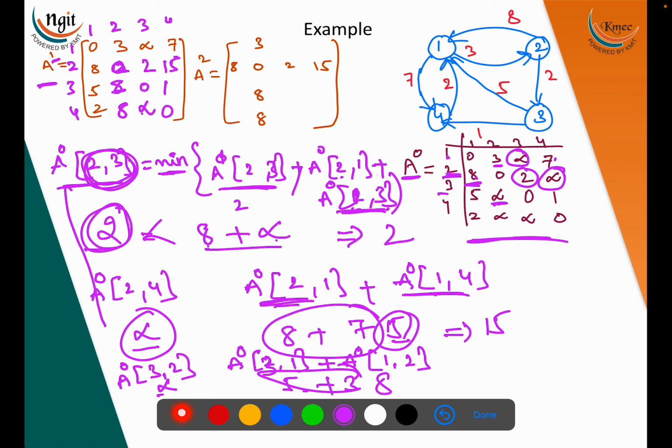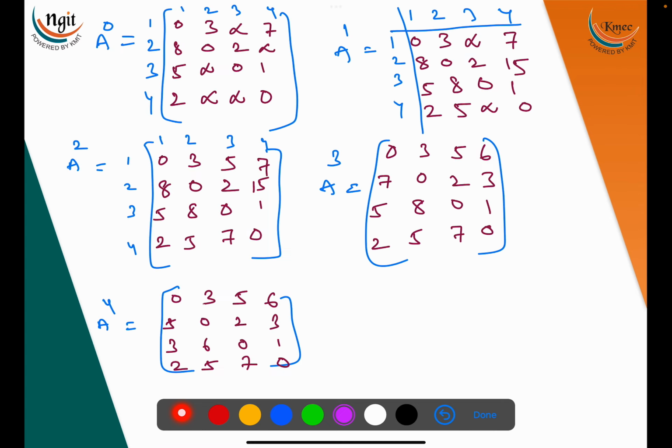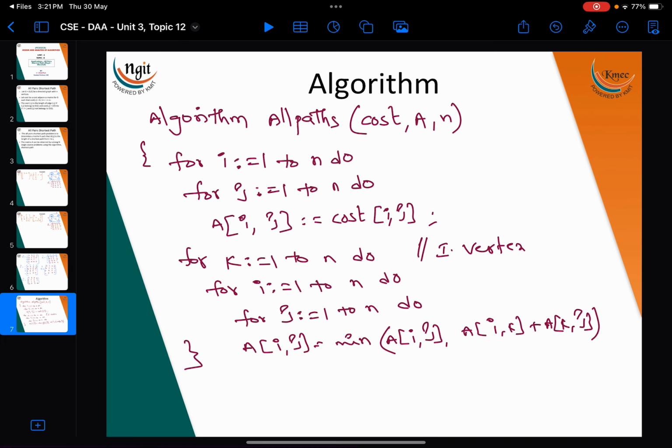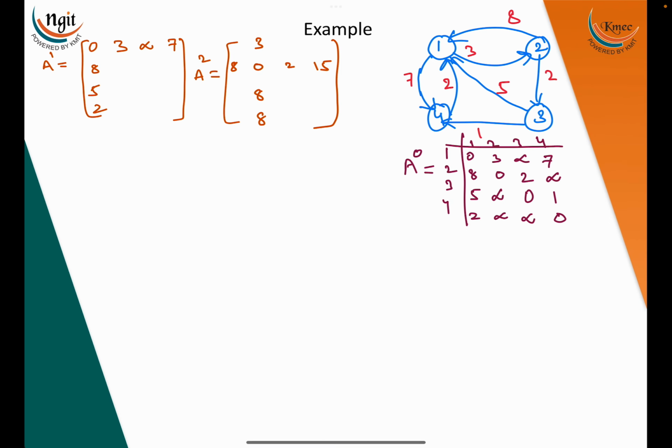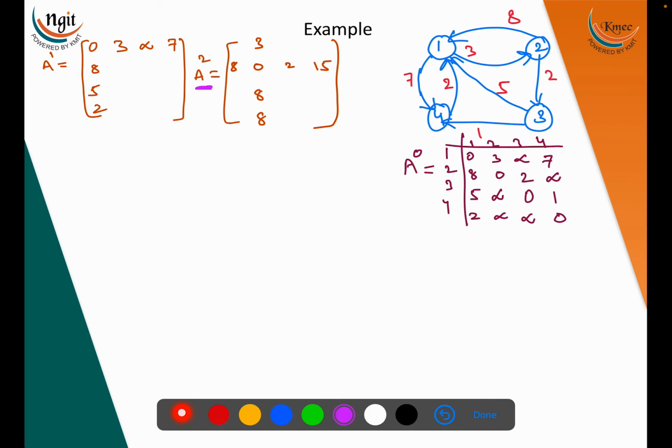The same way you have to do A2. So how will we get A2? Now it will be fresh. Now go ahead. A2 is what? The base matrix for A2 is A1. From A1, whichever values you got, the second vertex values, row wise and column wise, you have to copy.